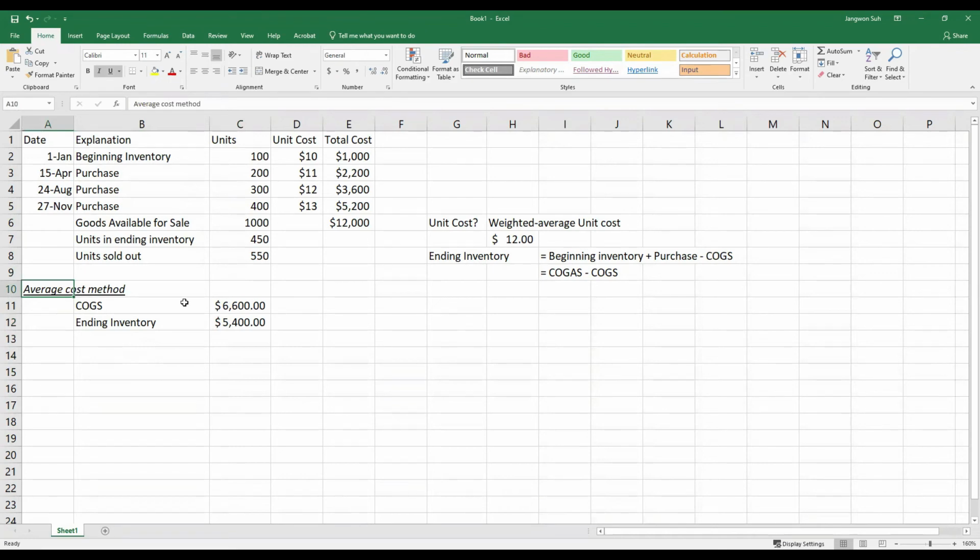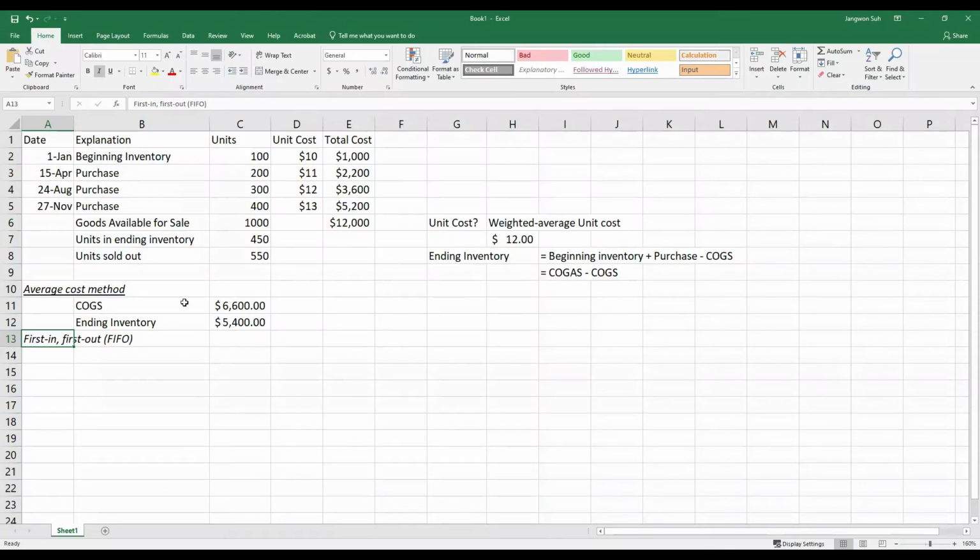Then is there any other method? Another method that is allowed is called first in, first out method. Often it's called FIFO.